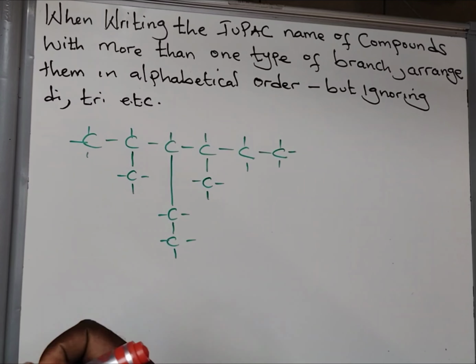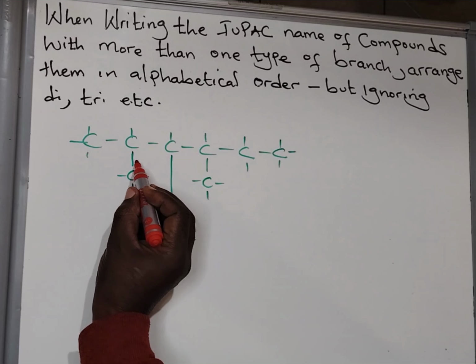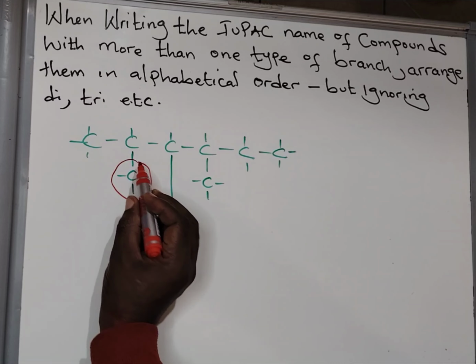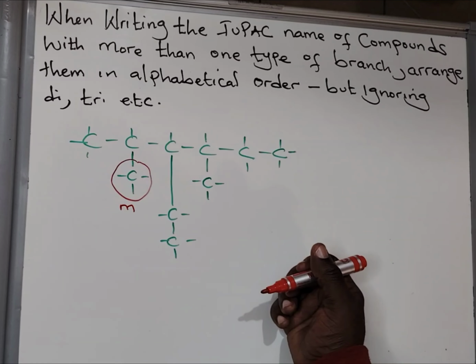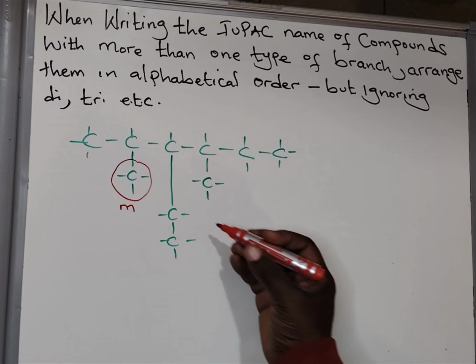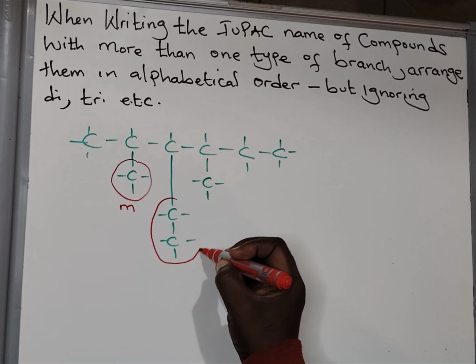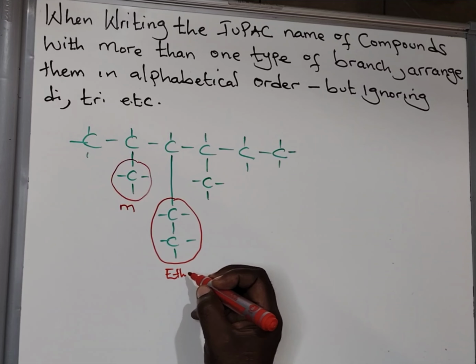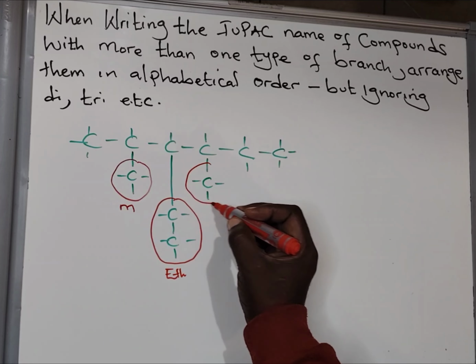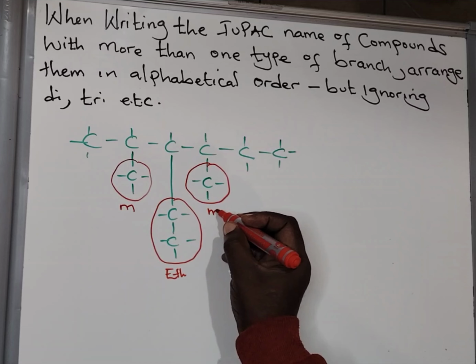And you must also remember that what we have here is a methyl group. It has 1 carbon atom. And what we have here is an ethyl group. And what we have here is another methyl group.